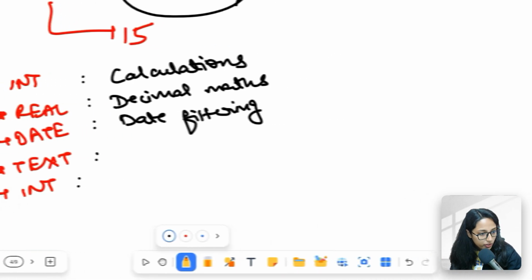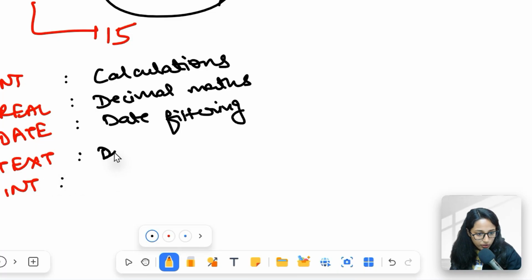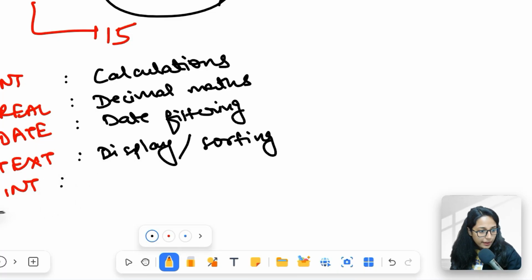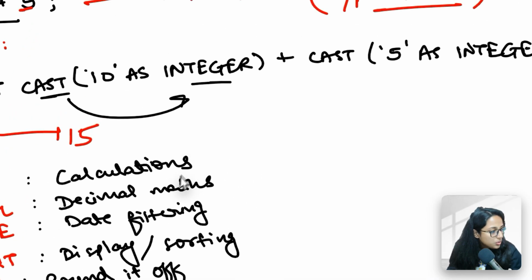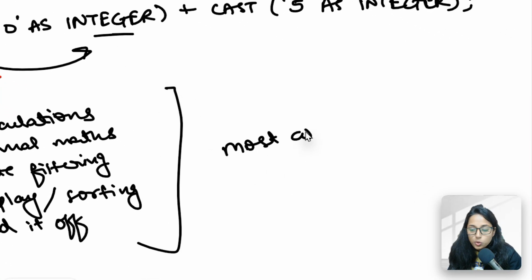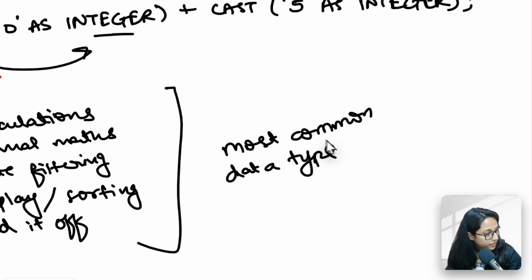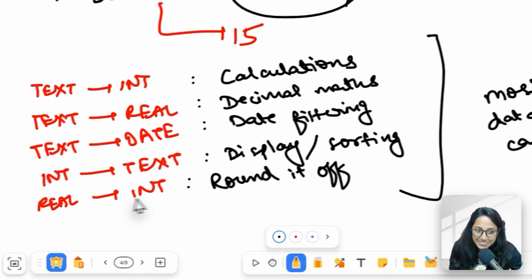And for integer to text, we can use it for display or sorting. And then lastly, real to integer, whenever we want to round it out. So in such cases, we can use these, and these are the most common data types you can cast. Isn't it simple?